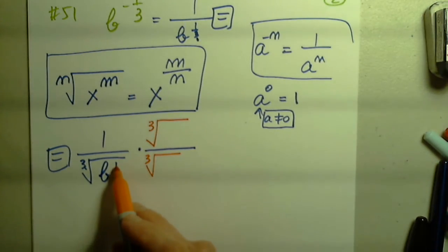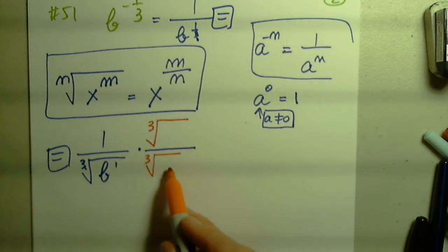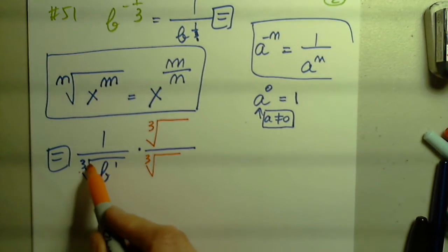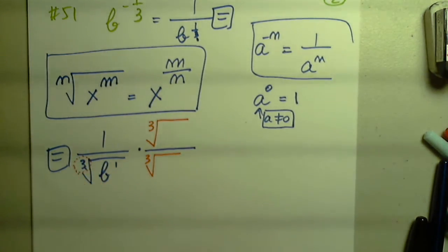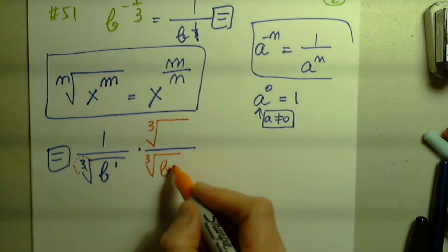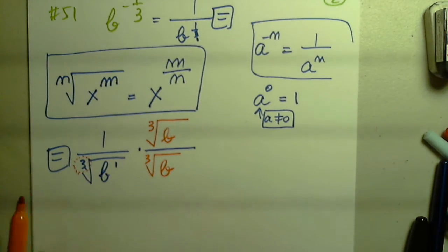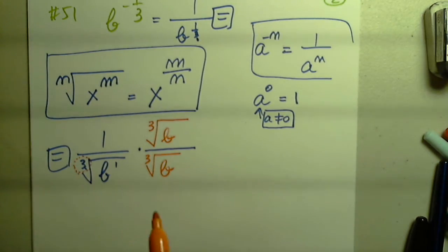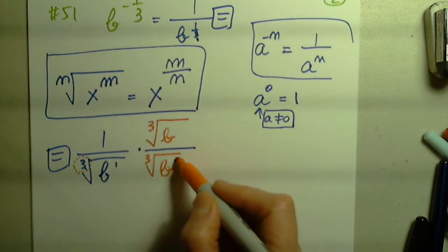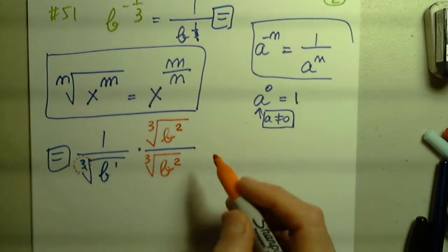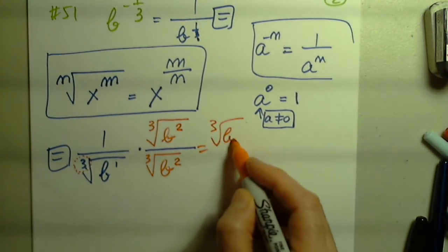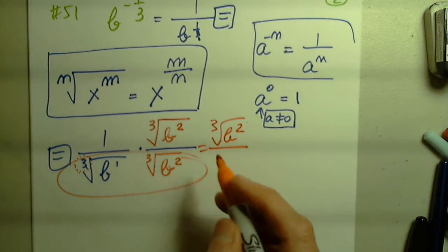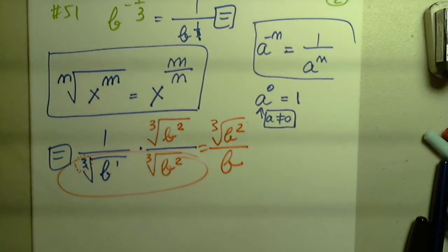Careful. If I have 1 here and 1 here, it's not going to be enough. I need to form a cube. So in order to form a cube, the 1 plus 1 will not give me a 3. The square? That's it. Okay. So this will be the cube root of b squared indeed, and this is b. Good.